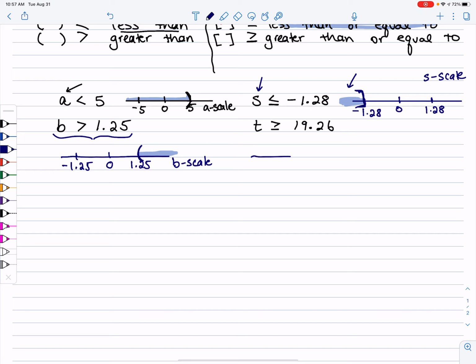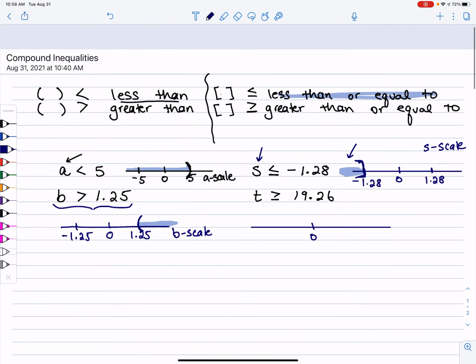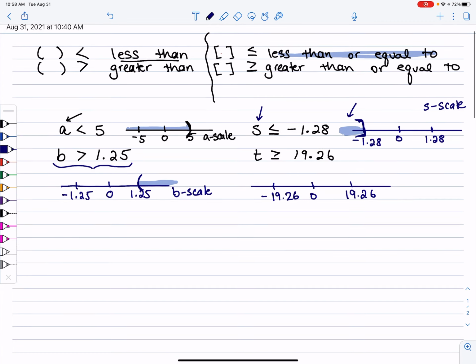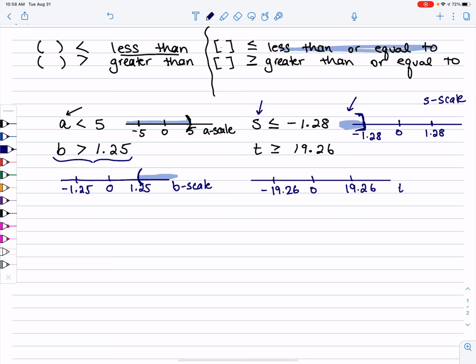And then we have a little more room here. Let's graph this. Again, we'll start with 0 in the middle. We have 19.26 and a negative 19.26. This is a T scale.